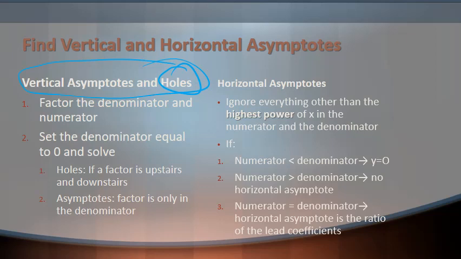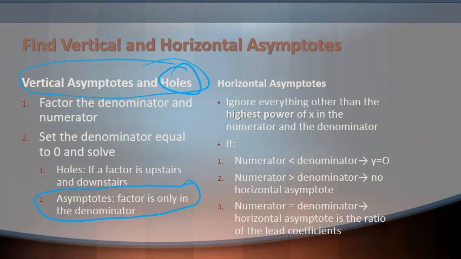So we set the denominator or any of its factors equal to 0, and we solve that, and that is what creates the vertical asymptote. A hole is where we've got the same factor both in the numerator and the denominator, or as it says here, a factor upstairs and downstairs. We'll deal with that a little bit later in this chapter.